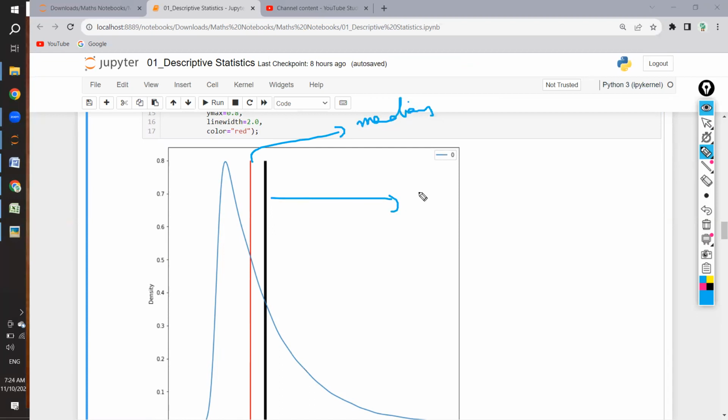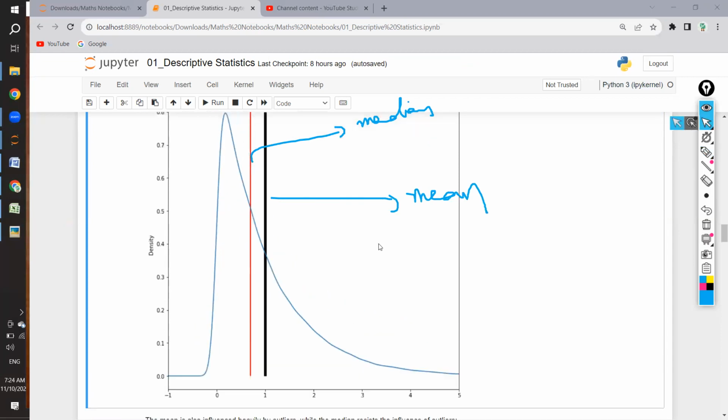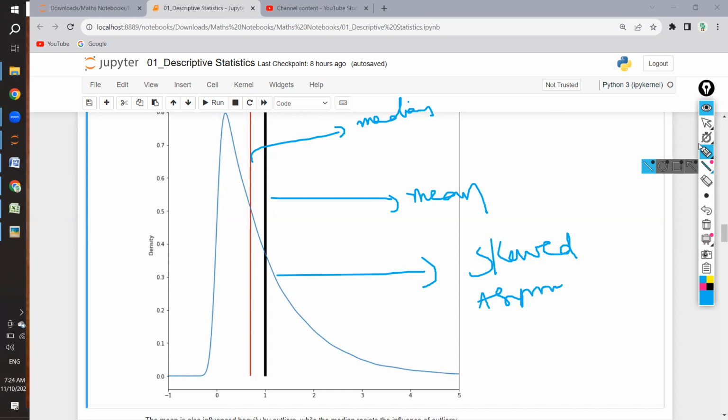The black line is the mean. Agree? And what is this distribution? It is a skewed, asymmetric distribution. And what type of skewness? This is a positive skew.